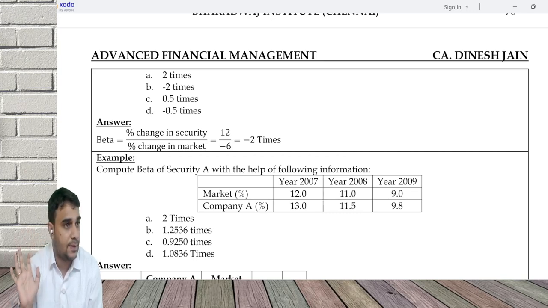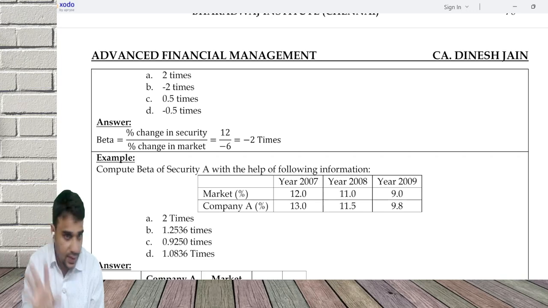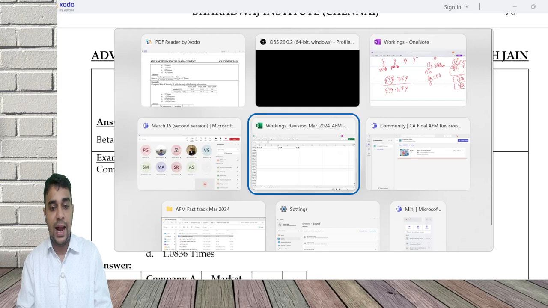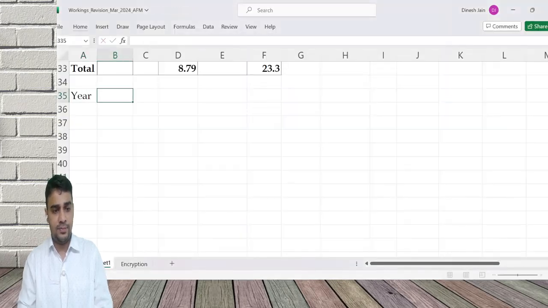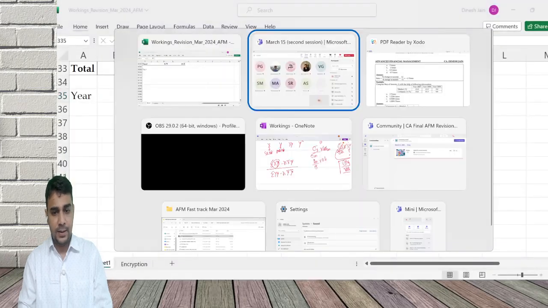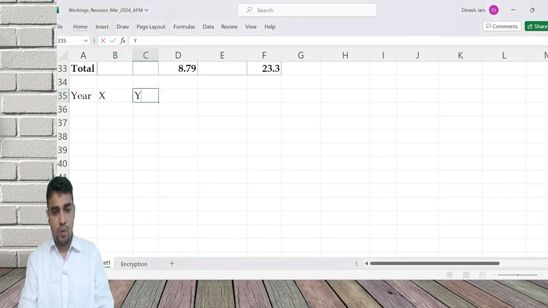Let's do this example now. Market is there, company A is there. If you want anything other than beta, please be prepared to do a 10 column format. Let's start now. I'll add a year column as well. Year, x, y, xy, y square.